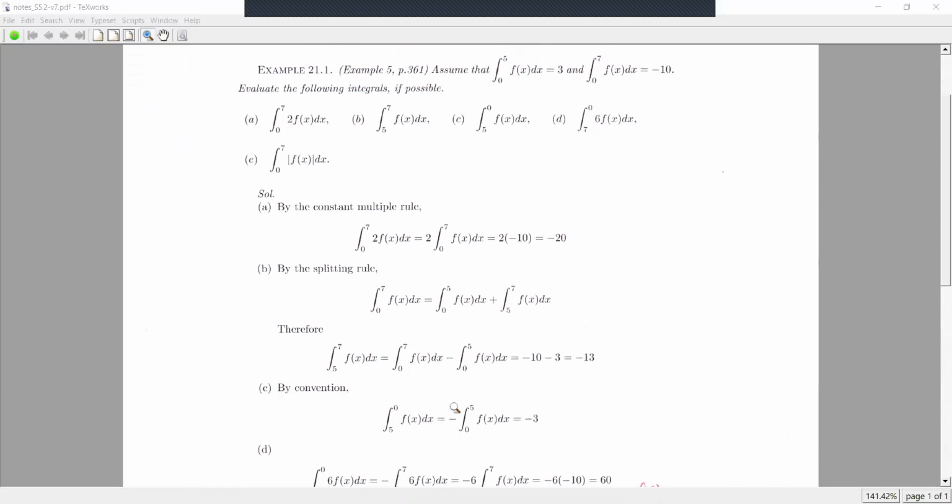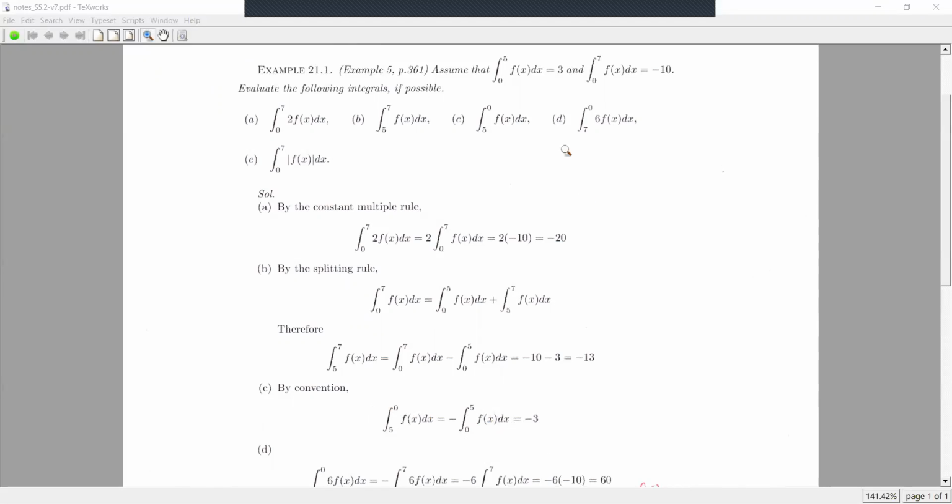But don't forget to add a minus sign in front of this integral. The integral from 0 to 5 is number 3. So the value of the integral from 5 to 0 is -3.